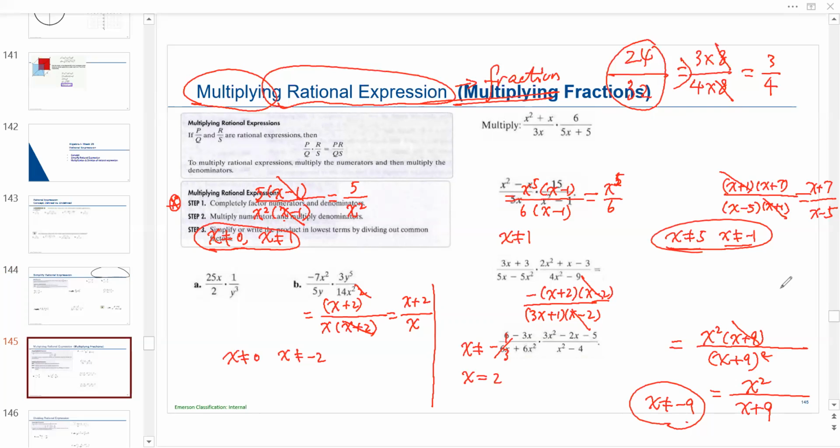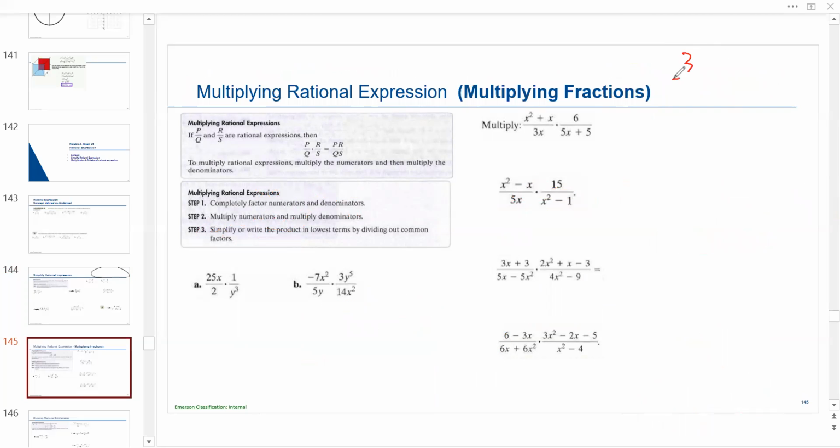Okay. Since we know this one, we do the same for the other process. Fractions also have multiplication. All right, so I need you guys to think about earlier when you do numbers like 3/4 times 7/9. How do you do that? When you multiply, numerator times numerator, denominator times denominator, right?